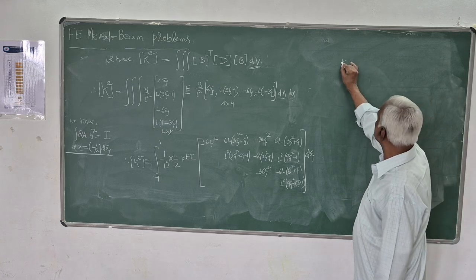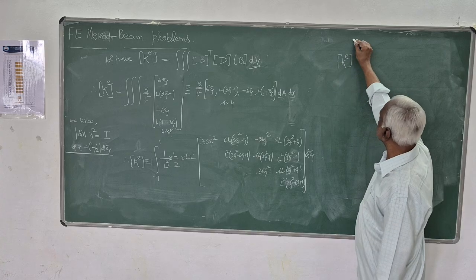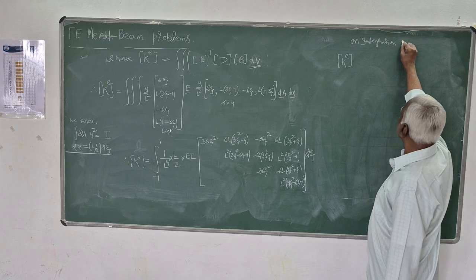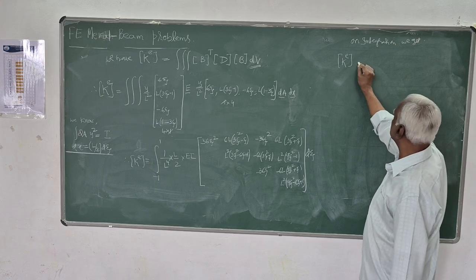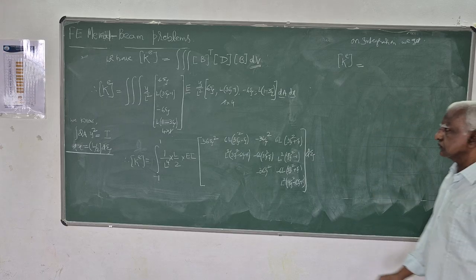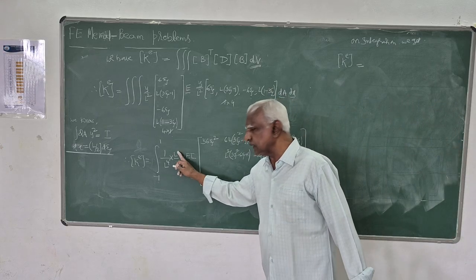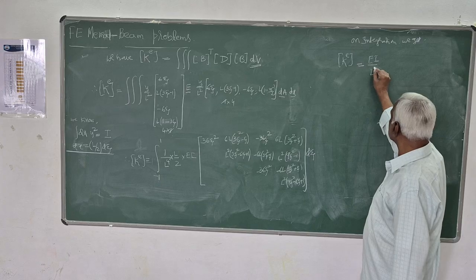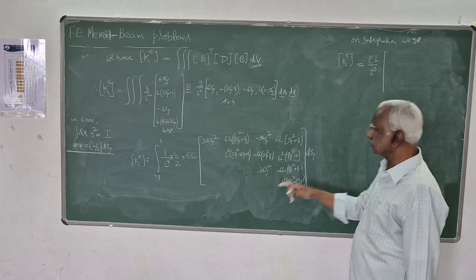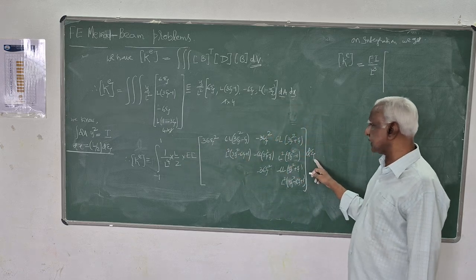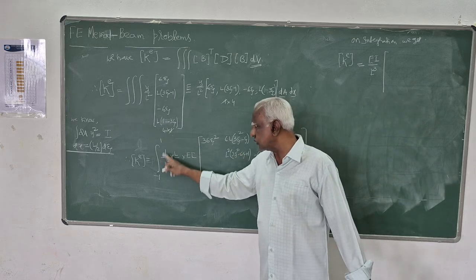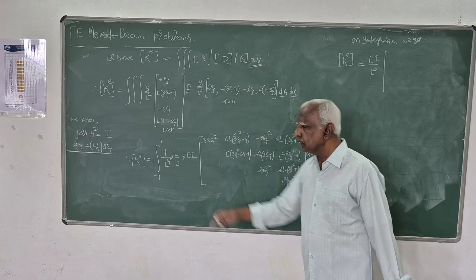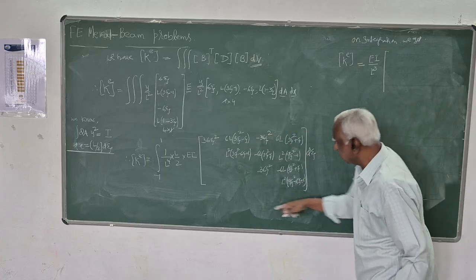On integration, you get KE equal to EI by L cube into, if you substitute the upper and lower limits, for psi you will get 1 minus minus 1, that is 2, and that 2 and this 2 will cancel, so you will get only this to be integrated.